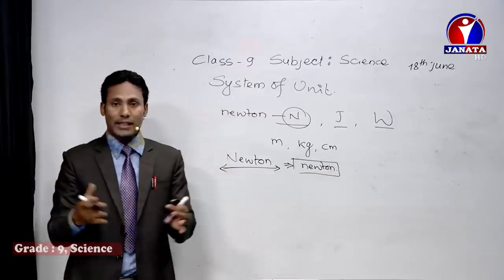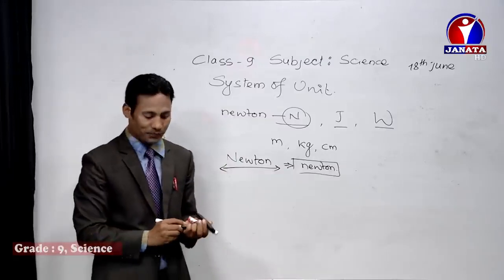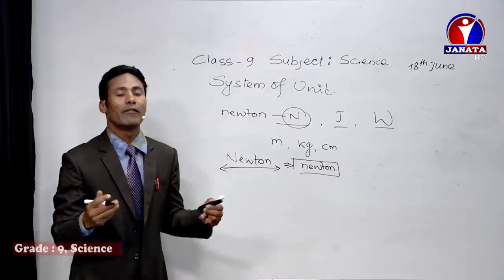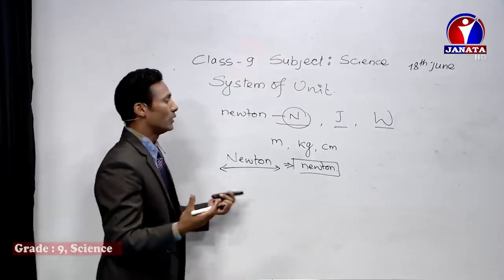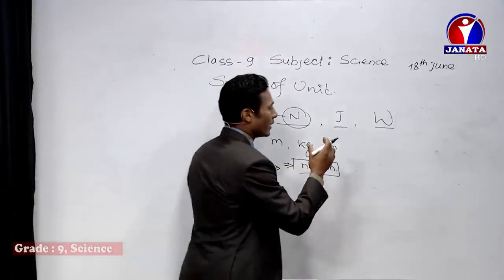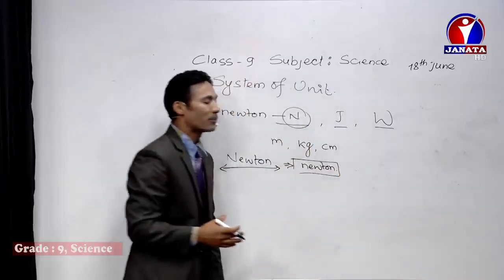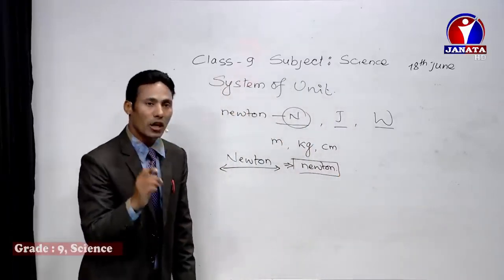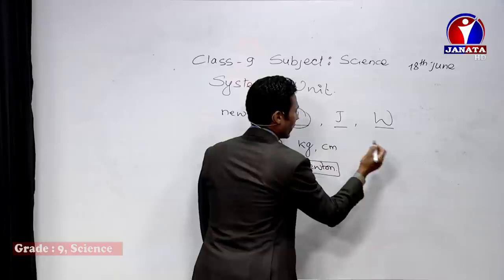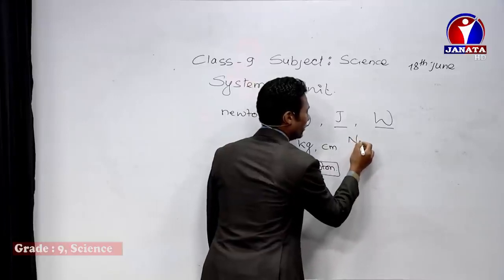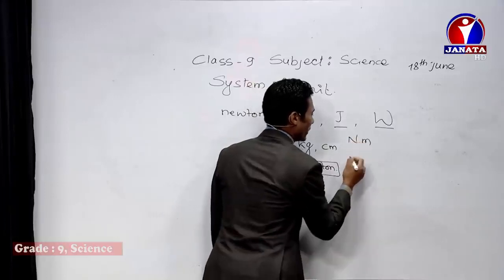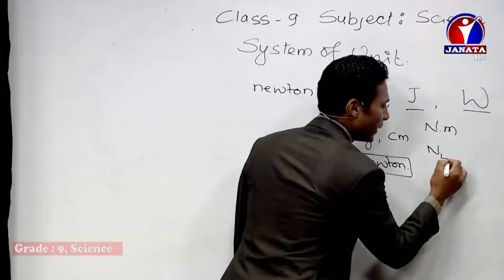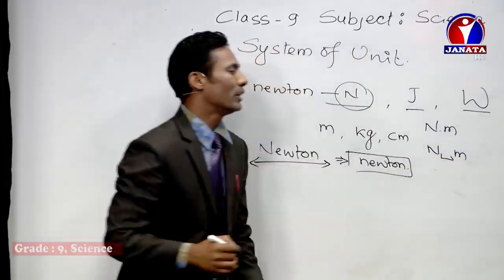And one more thing, if we are writing a compound unit, in that case, we write it by separating with a space, or we use a dot between them. For example, if I want to mention Newton meter, then Newton dot meter, or simply Newton space meter should be used.